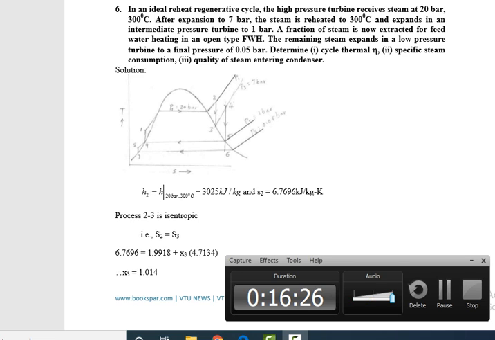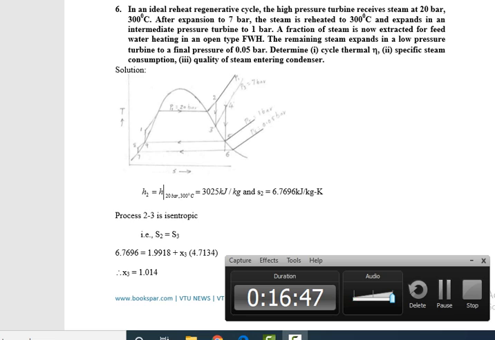After expansion to 7 bar, the steam is reheated. After expansion, the steam is again reheated to 300 degrees Celsius at 7 bar and then expands in the intermediate pressure turbine to 1 bar. After that, the steam expands in the low pressure turbine to 0.05 bar.